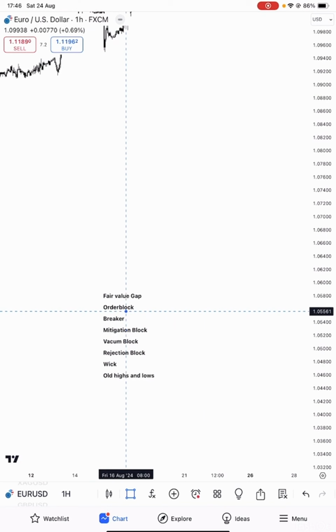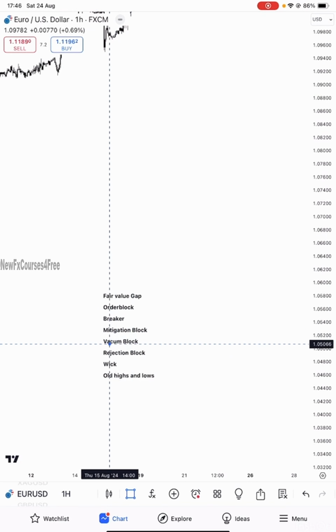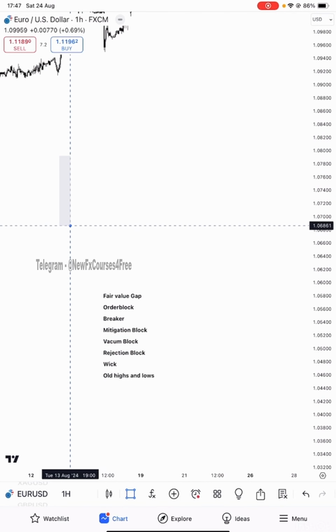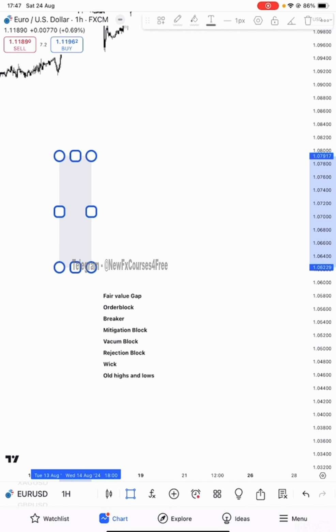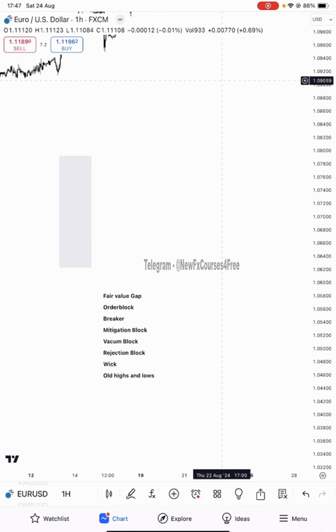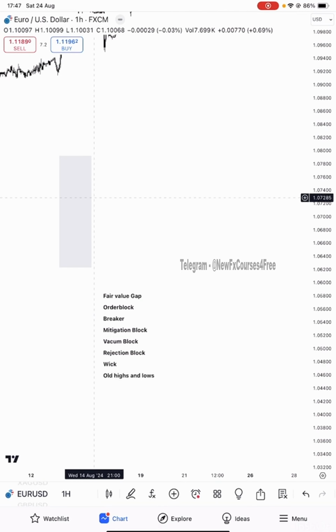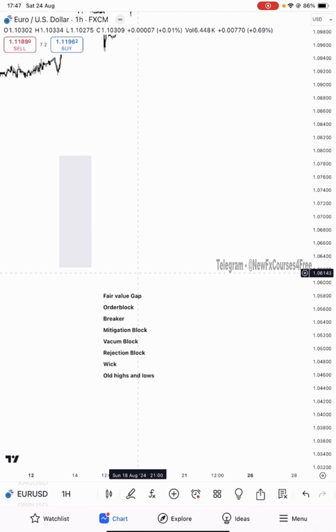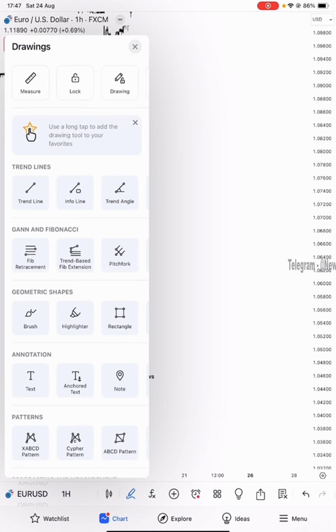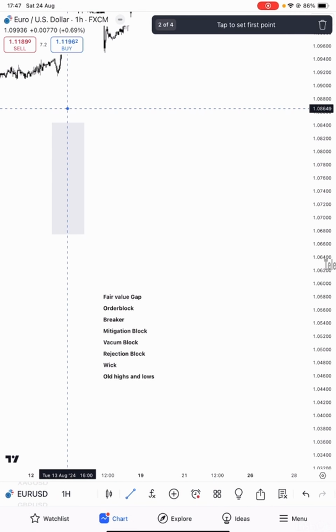So the key thing to understand is, as you know, that breaker, mitigation block, vacuum block, and order block are specific candles that in a bullish trend or buy program, bearish candle support price, and in a downtrend, bullish candle resist price.